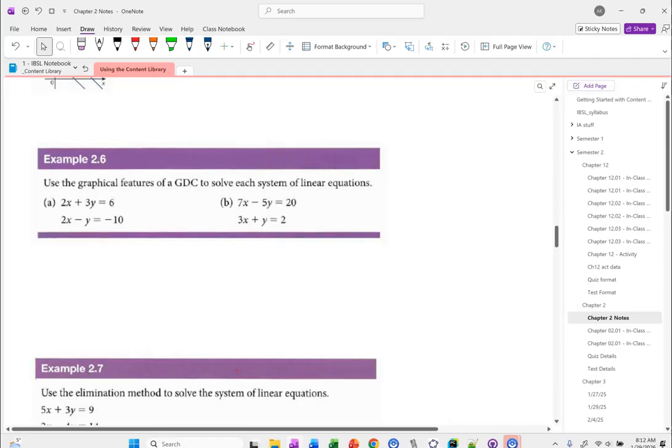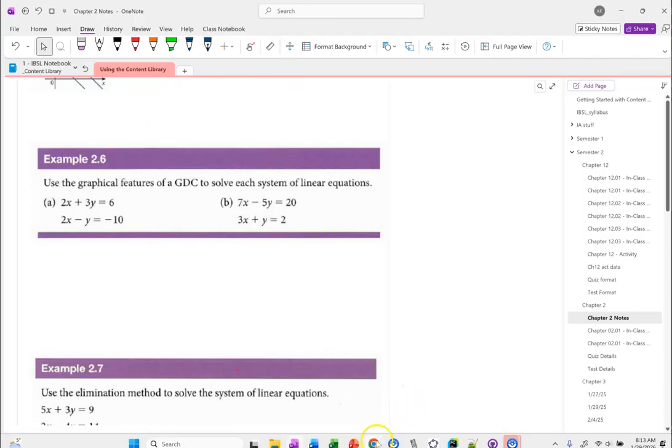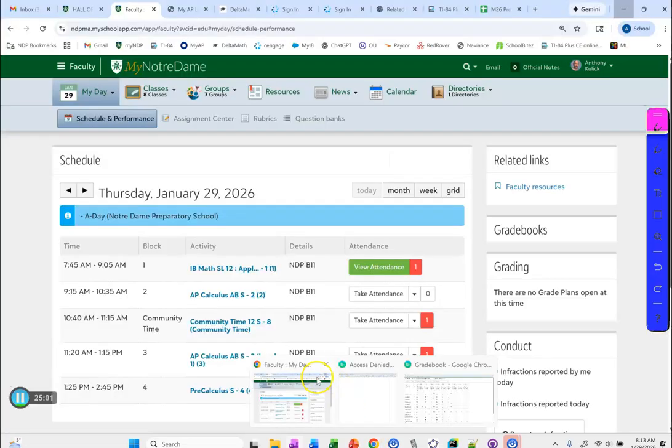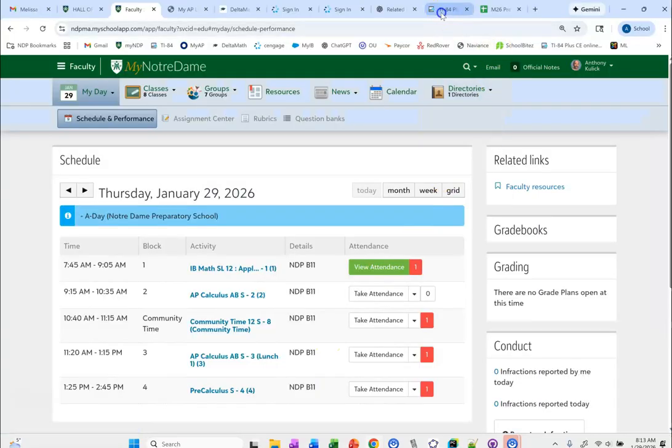All right. Let's use our calculator to solve. We'll just do one of these. If you have your calculator with you and you'd like to follow along, I invite you to take that out and do so.